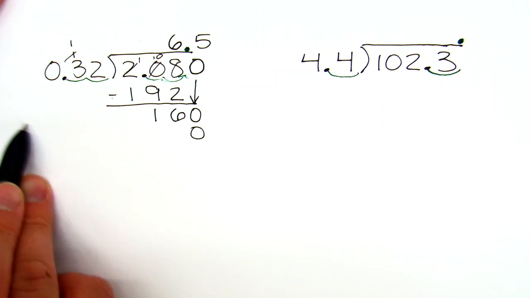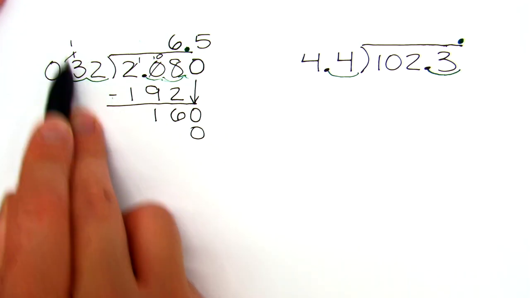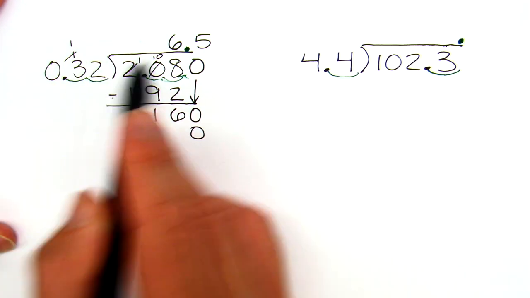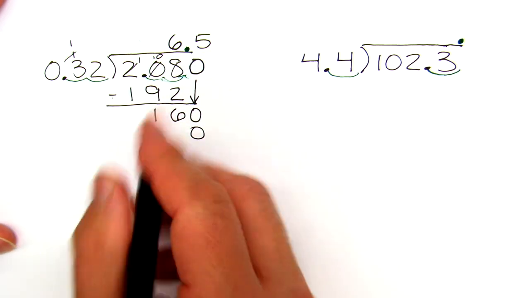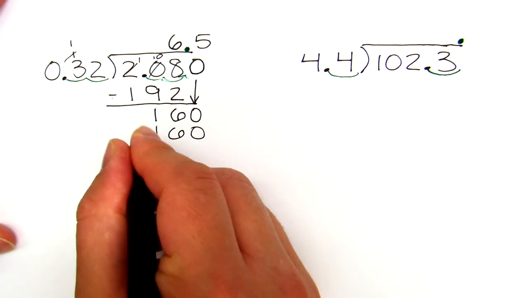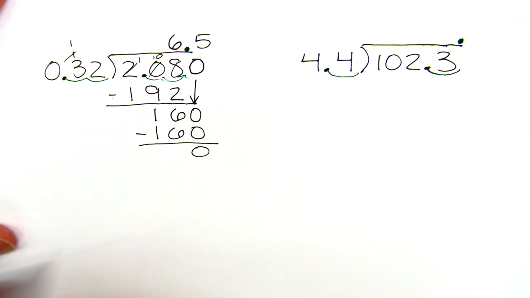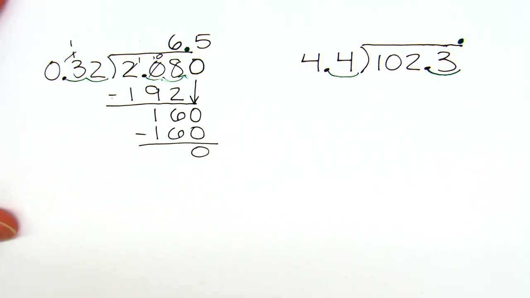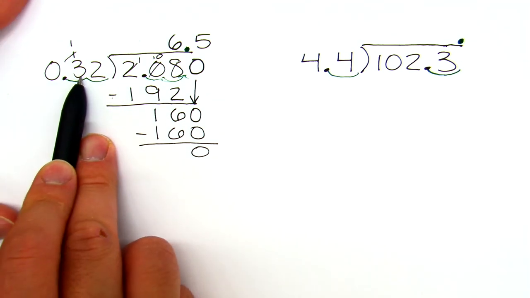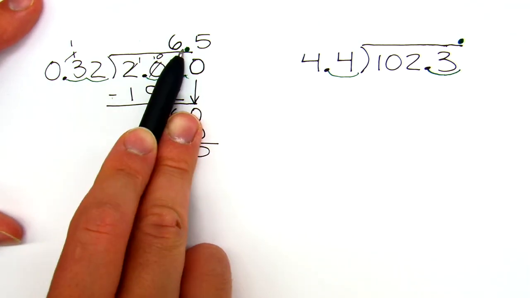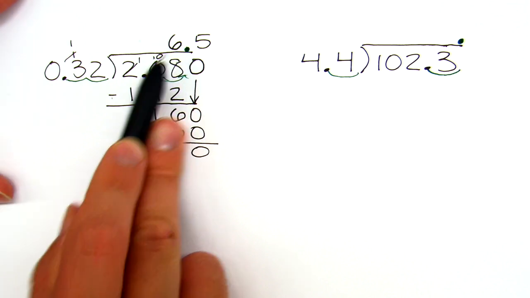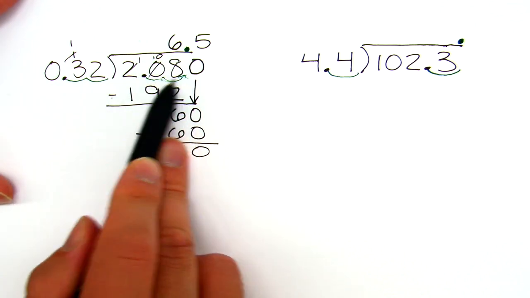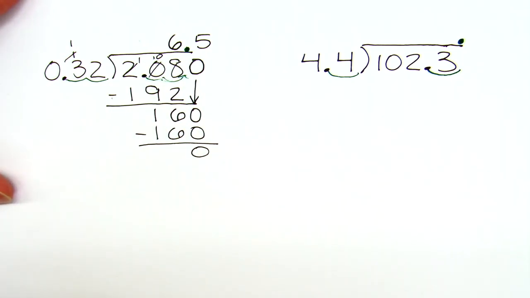Instead of doing my work off to the side, I'm just carrying right here. 5 times 3 is 15 plus 1 is 16, and there you can see I got rid of my remainder. Answer is 6.5, okay? And that makes sense, because if I had 30 cents 6 times, I would have about $2, right? So that makes sense, okay?